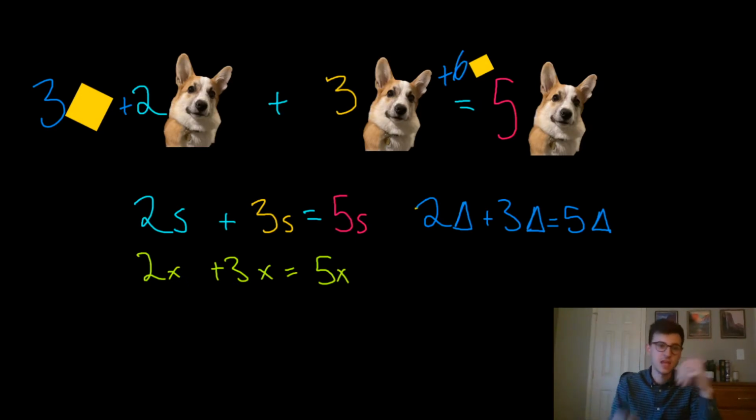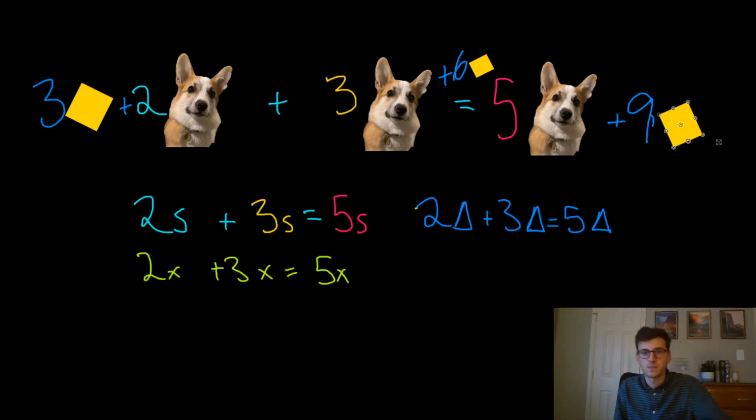At the end of the day, if I had 3 slices of cheese, 2 Sunnies, 3 more Sunnies, and 6 more slices of cheese, at the end of the day, I would have 5 Sunnies and 3 plus 6 is 9 slices of cheese, right? So when two things are different, then we have to be careful. We don't combine them unless they're the same thing.